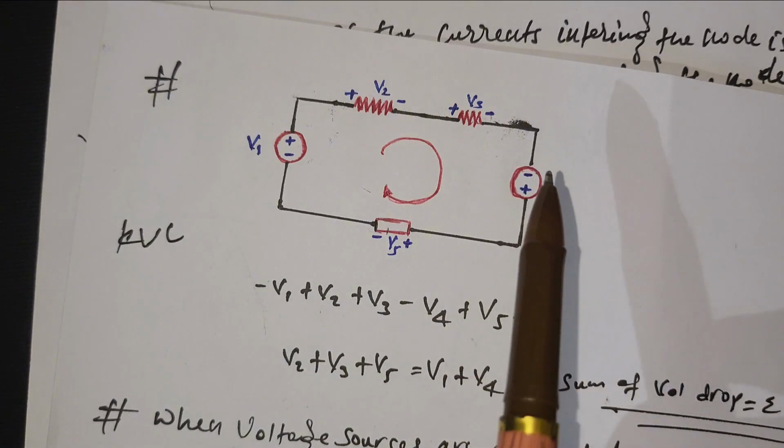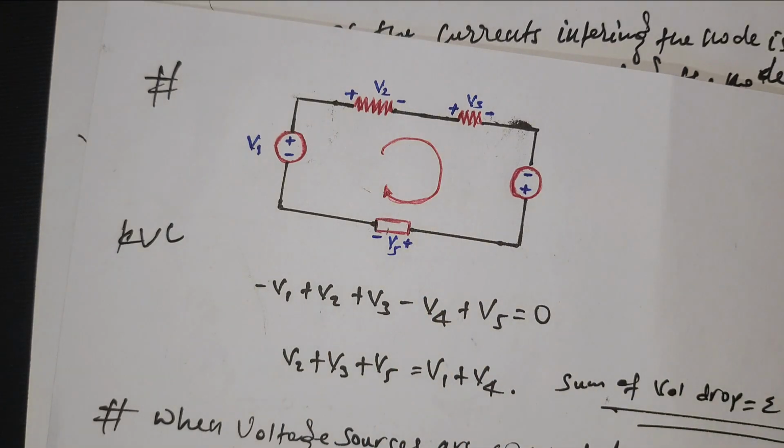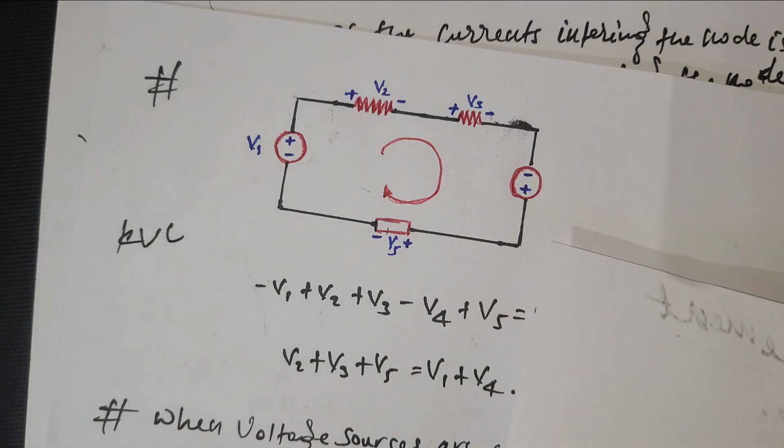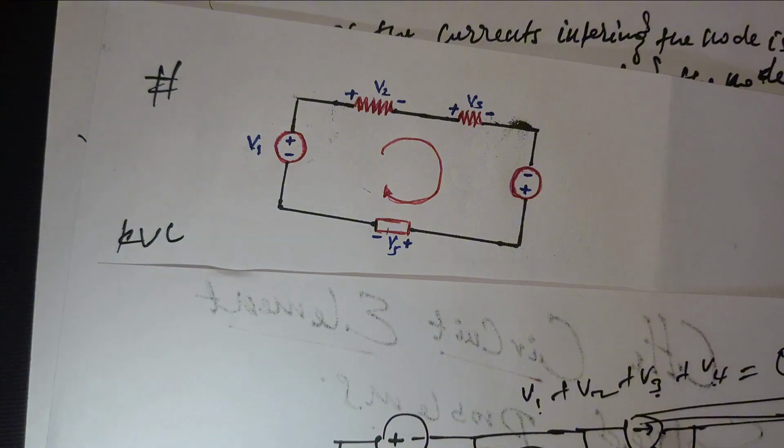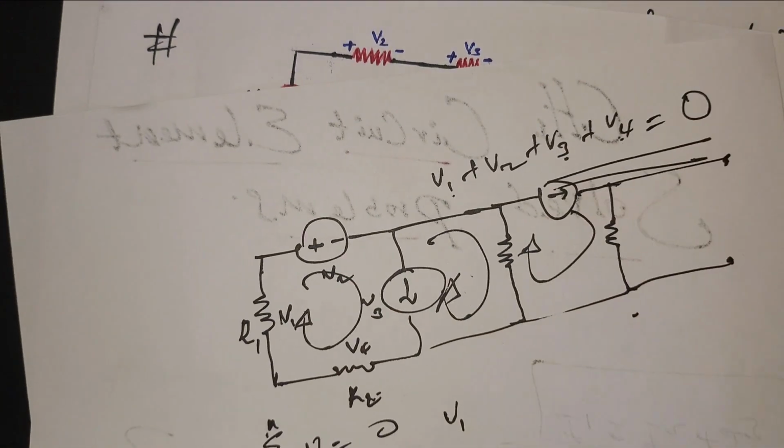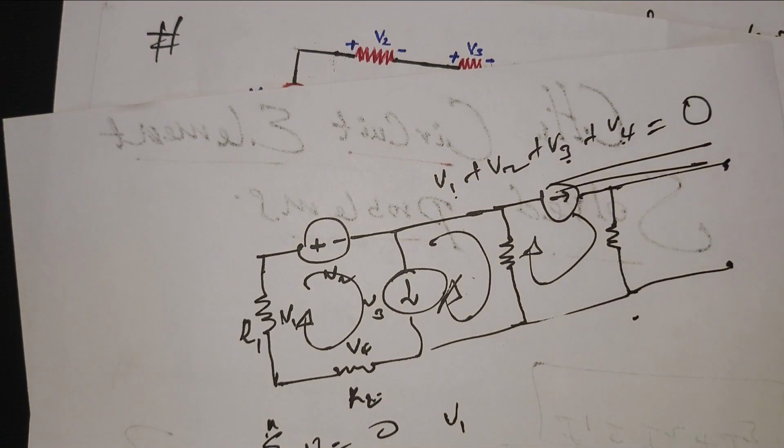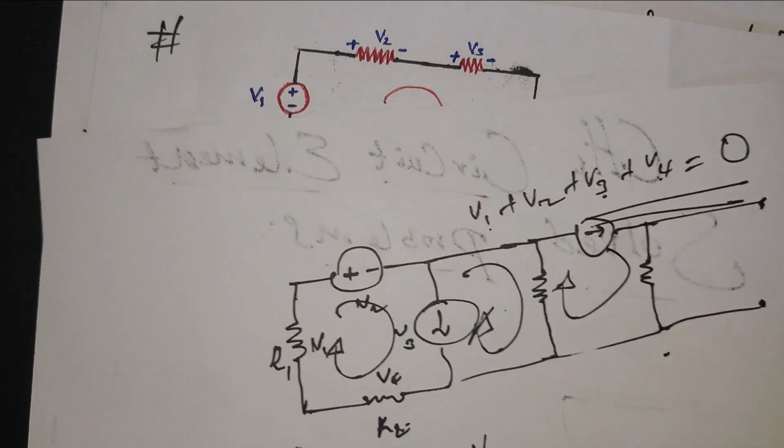So in the loop, this is a specific loop, one of these multiple loops, just taking one of the loops.